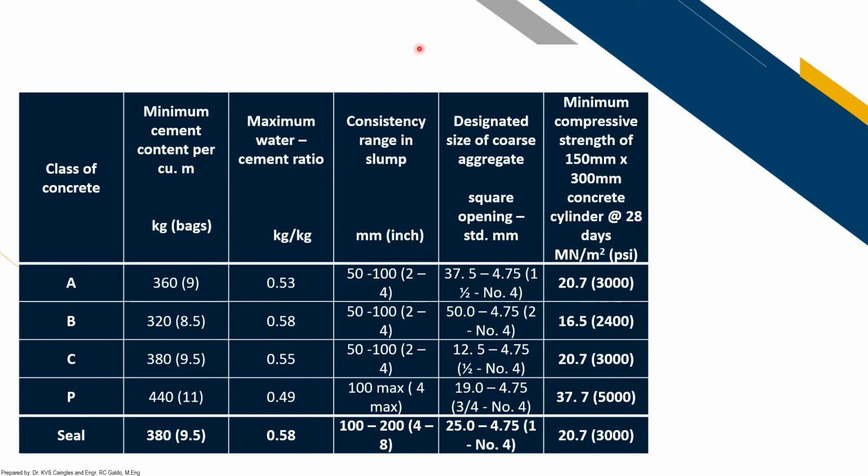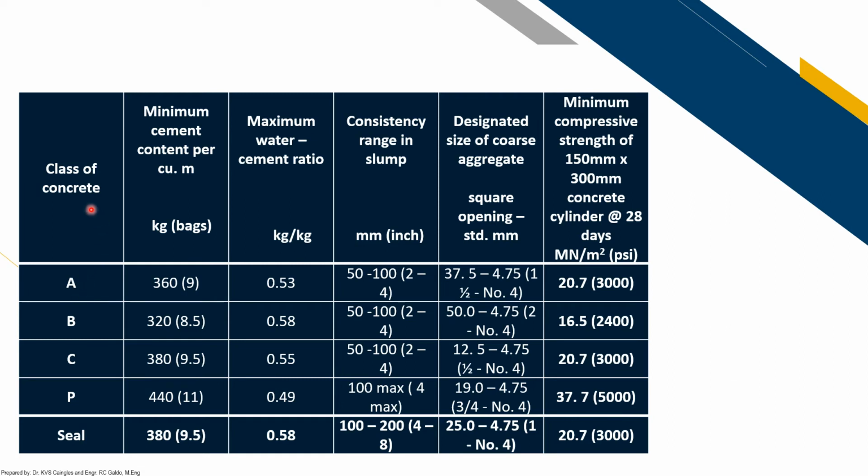So per class of concrete, naa siya specified nga composition in terms of the bags of cement, the water cement ratio, the specified slump, the sizes of aggregate, and at the same time ang iyang minimum compressive strength when tested on the 28th day. Okay, so we talk each one by one.